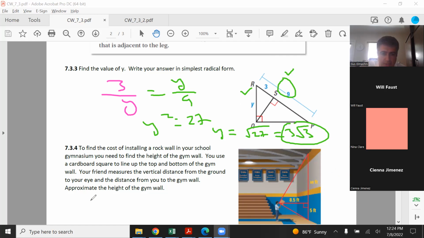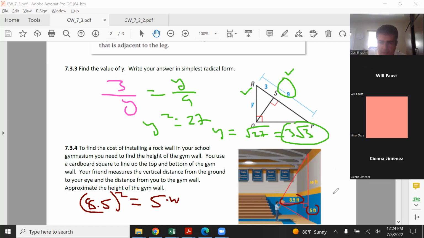So in this case, you could just say 8.5 squared equals 5 times W. The reason you can do that is if I compare 5 to 8.5, that's going to be 8.5 over W, because I compare 8.5 to W. So small leg to big leg, small leg to big leg from the two similar right triangles. Or 8.5 squared equals 5W.